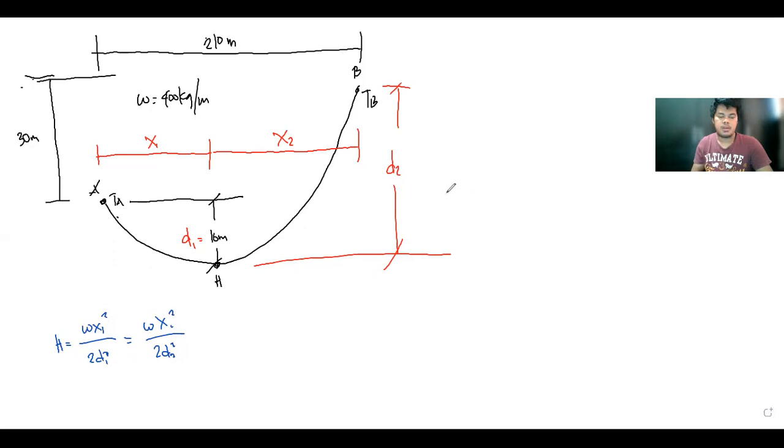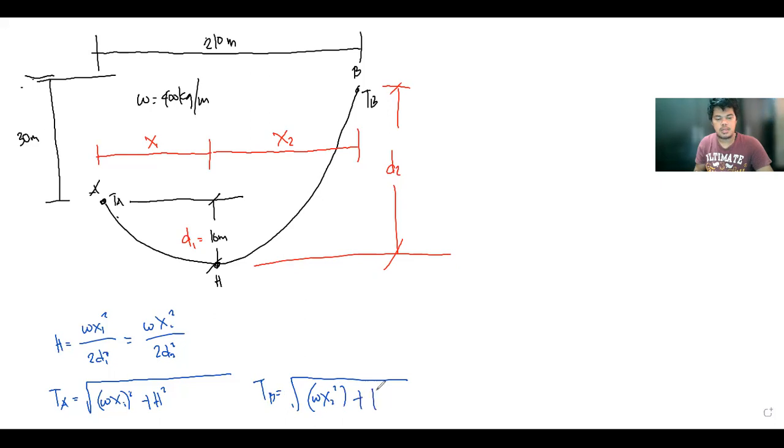But we also have the formula for T. TA, the tension at A, would be the square root of omega x1 square plus H square, whereas tension at B can be calculated as square root of omega x2 square plus H square.